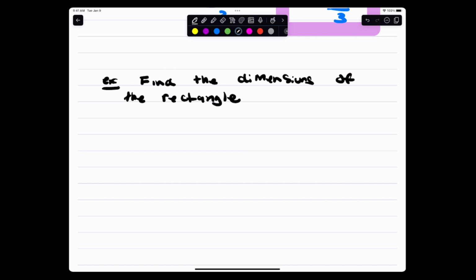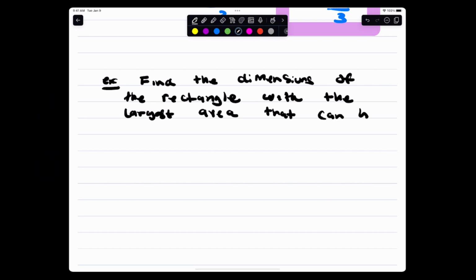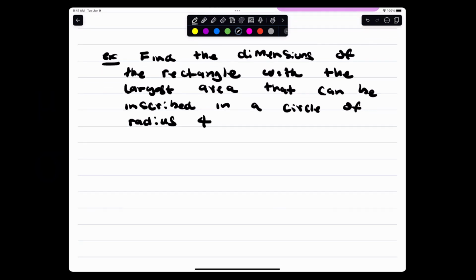Find the dimensions of the rectangle with the largest area that can be inscribed in a circle of, I'll say, radius 4. Okay, I'm kind of making it up.